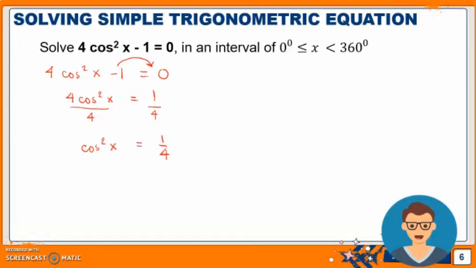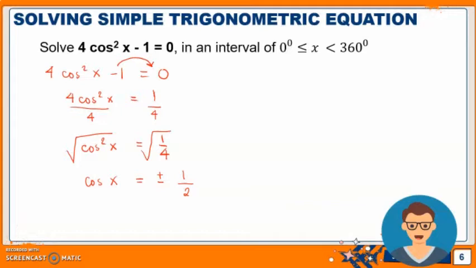Eliminating now the square by extracting the root of both sides. So that is cosine x is equal to, we have two principal roots here. One is positive and the other one is negative. Square root of 1 is 1. Square root of 4 is 2. And then the process, again, get the inverse cosine of each side of the equation.